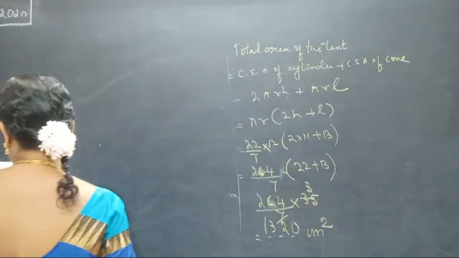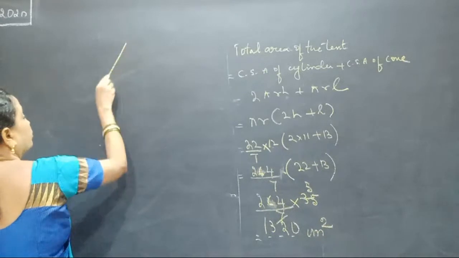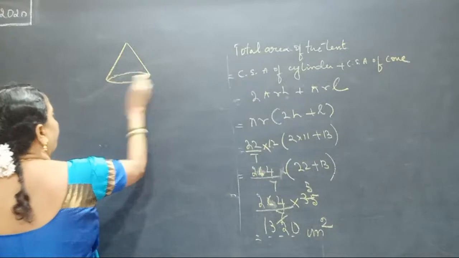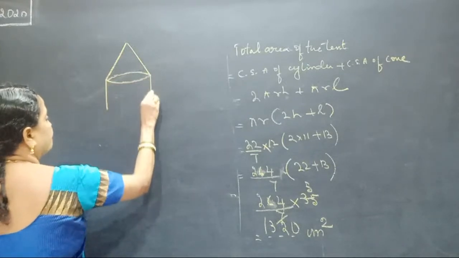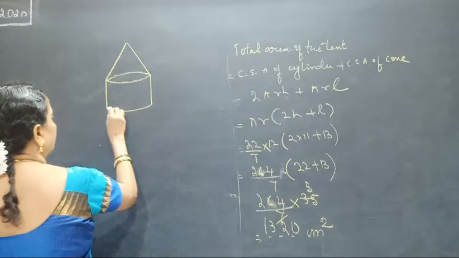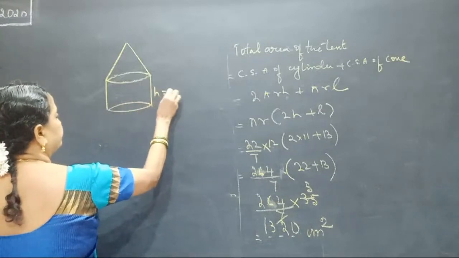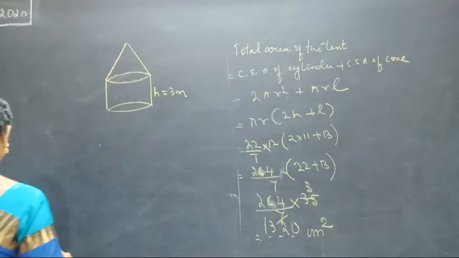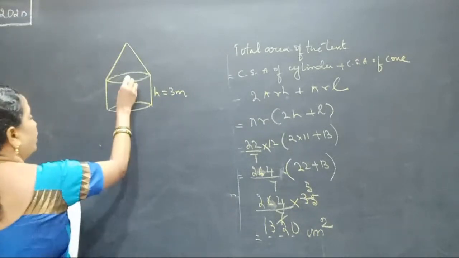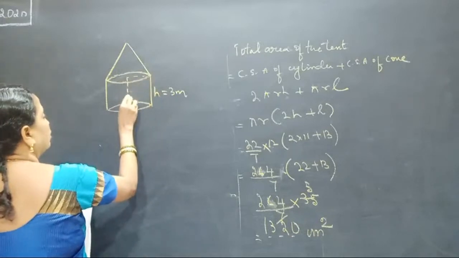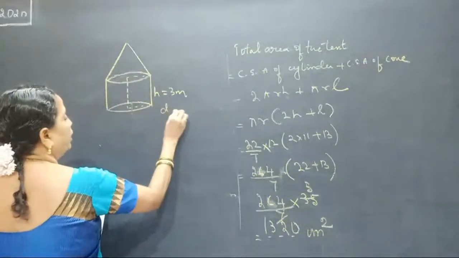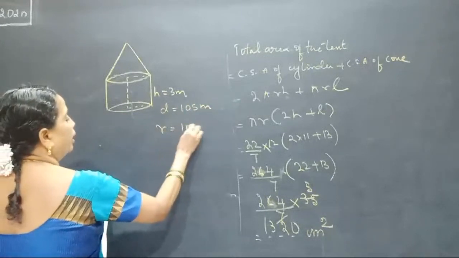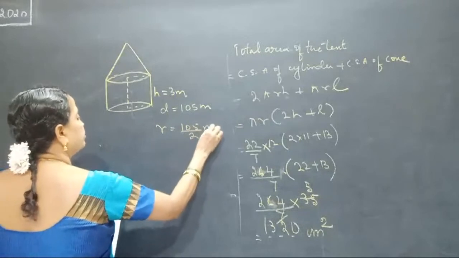A conical tent is a cylinder with a height of 3 meter and conical above it. If its diameter is 105, so D equals 105 meter, radius will be 105 by 2 meter.